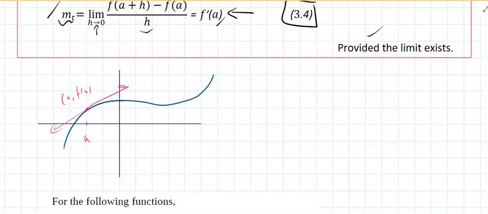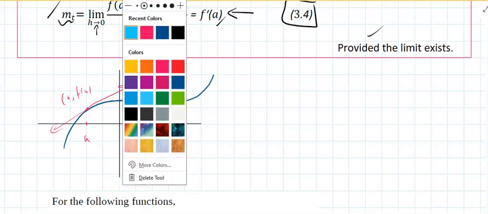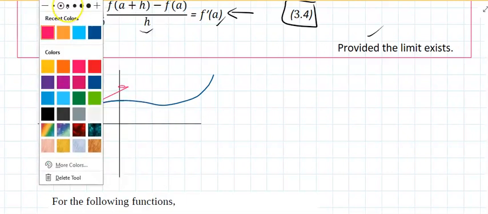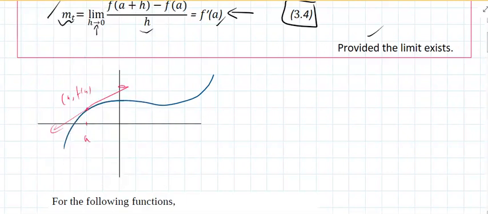We pick another point. So what we do, we move a distance of, I'm sorry, we move a distance of h.